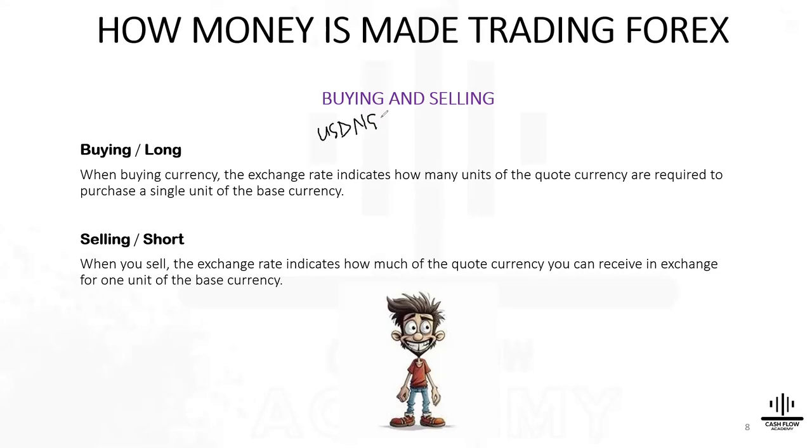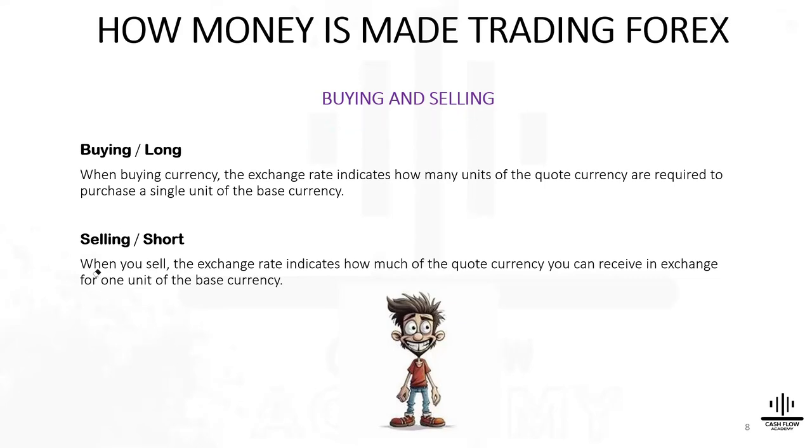So let's say the rate of USD and Nigerian naira is 1,400. What does this mean? It means you need 1,400 naira to get 1 USD. Very simple. So if you are trading this pair, the price that you see is the price for 1 USD. I don't need to explain any further.